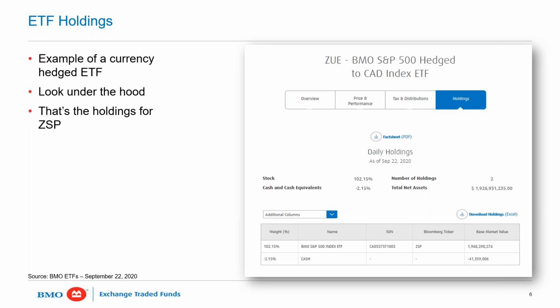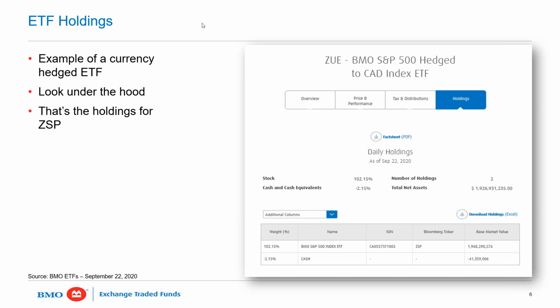Essentially what you're seeing is that the ETF is holding ZSP, which is the ETF we just showed, and a cash component, which is actually your hedged currency contract. So what you'll see is that it shows currently as a negative amount. Currently we've seen USD move up a bit, so we are losing a little bit on that currency hedge, but the currency contract isn't a security, so it gets reflected in the cash component.